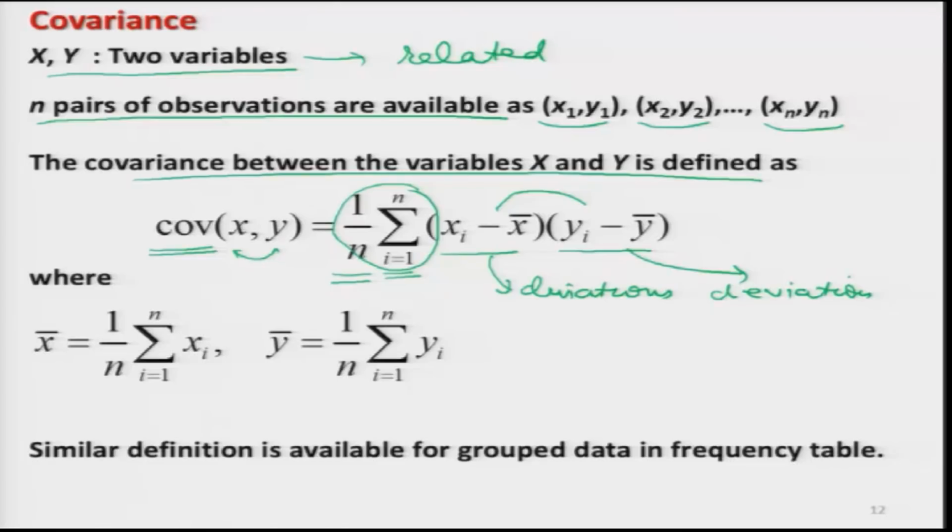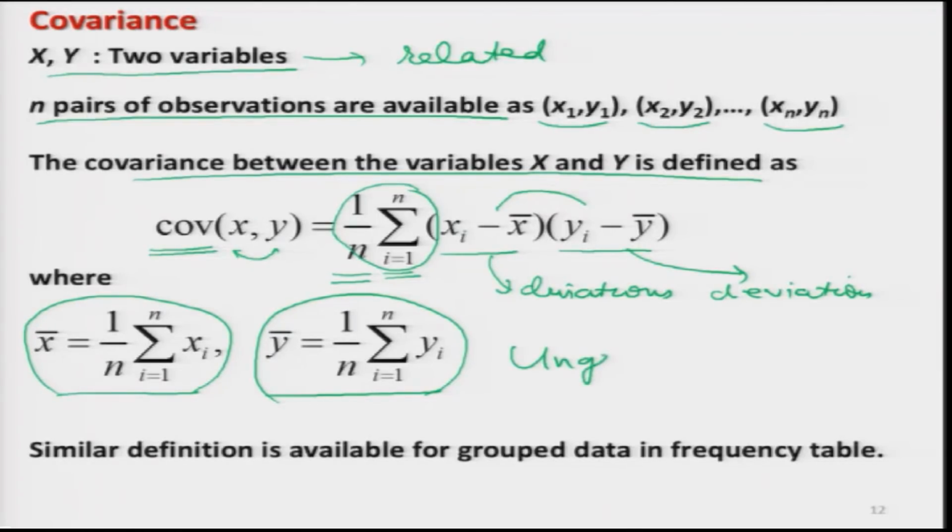Here x bar and y bar are the sample means of x and y. This is the definition of covariance in case of ungrouped data.